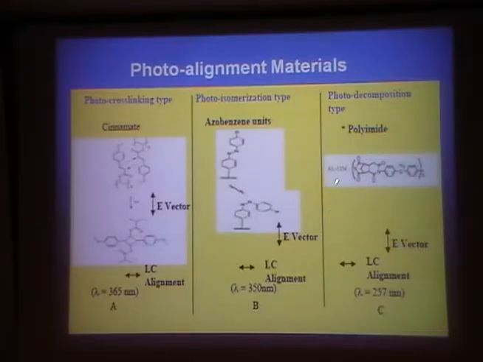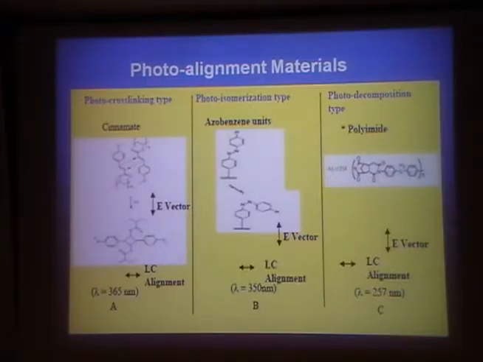The last one, which is fairly different, is the photo decomposition type. Just UV light breaks the particular bonding along that particular polarization.